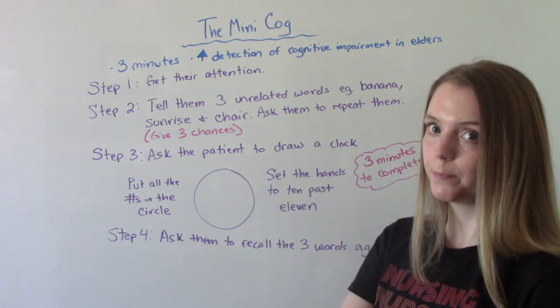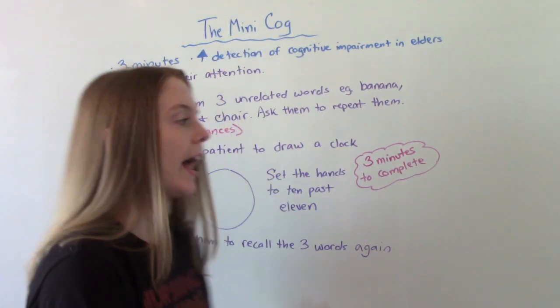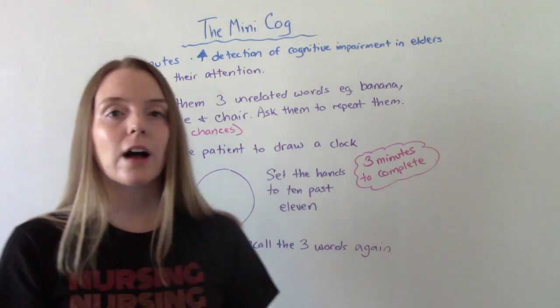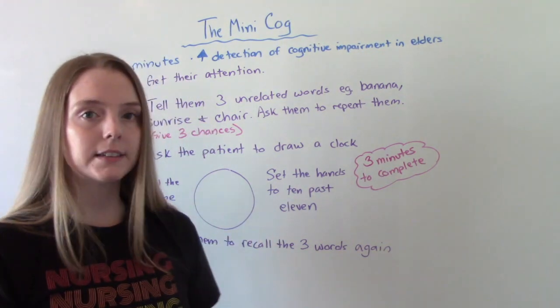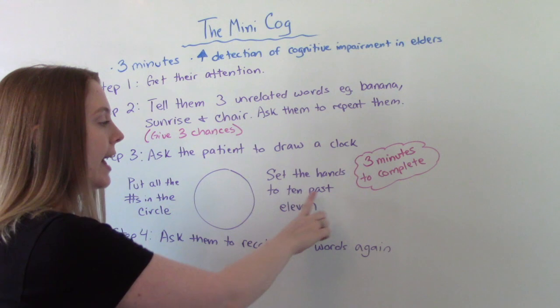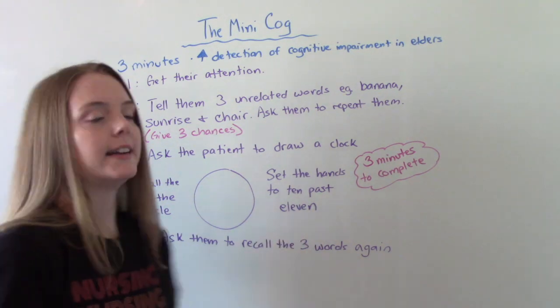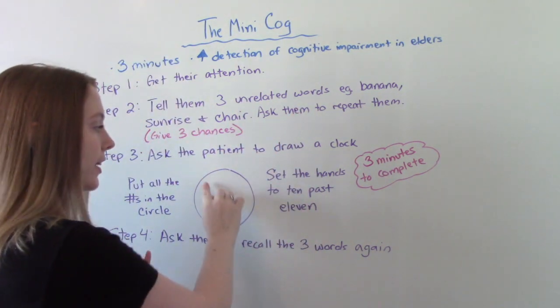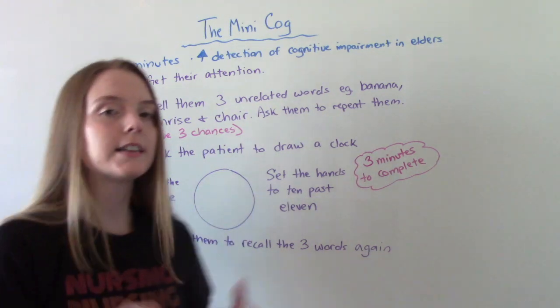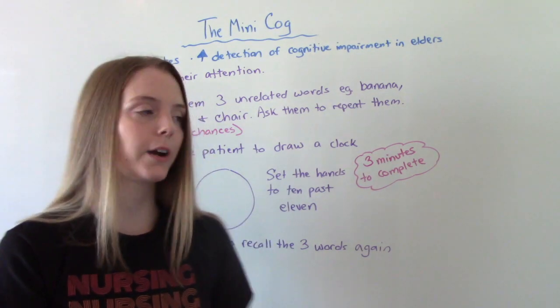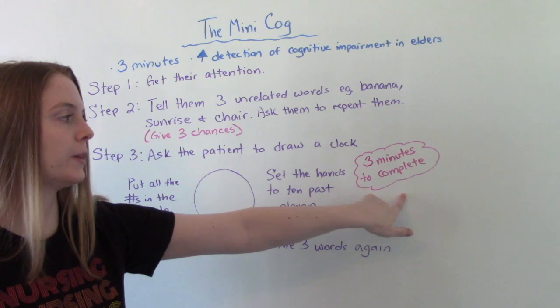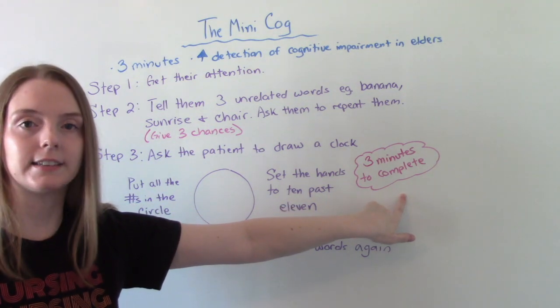That's the first part. The second part, after they've drawn the numbers, we're going to tell them a time. So a common time we can tell them, 10 past 11. So they need to draw the hands on the clock to draw 10 past 11, okay? And they have 3 total minutes to complete this task.